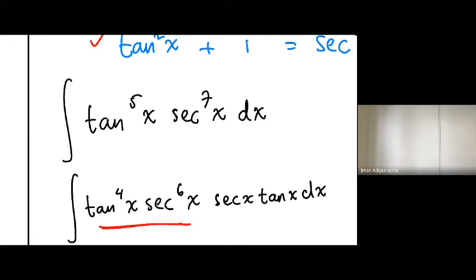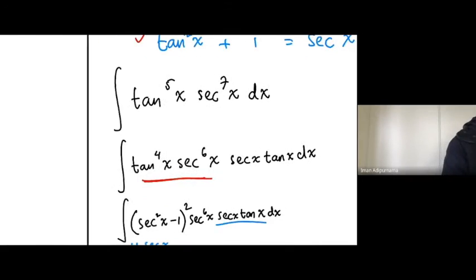The number here. If it's even, then we can exchange to secant and tangent squared. So we split, and then it becomes 4, 6, and we can exchange one of these. And because this is the secant x tangent x, we need to sub the secant. So we need to change all to secant form. Okay, that's the idea for tangent.